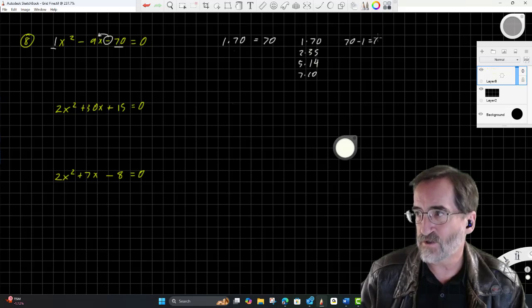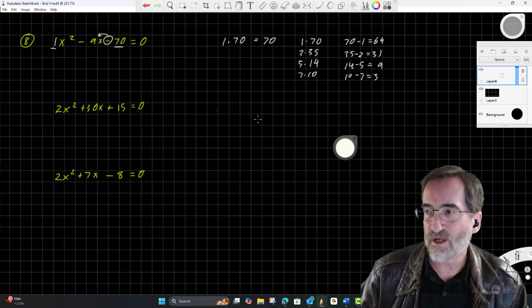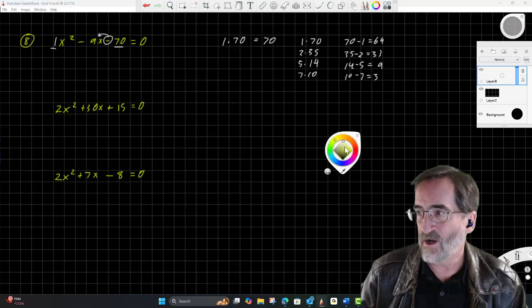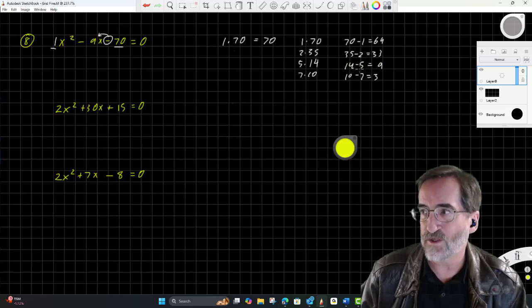70 minus 1 is 69. 35 minus 2 is 33. 14 minus 5 is 9. And so there it is. And 10 minus 7 is 3. So we can take 9x as the middle term, or 9 as 14 minus 5.